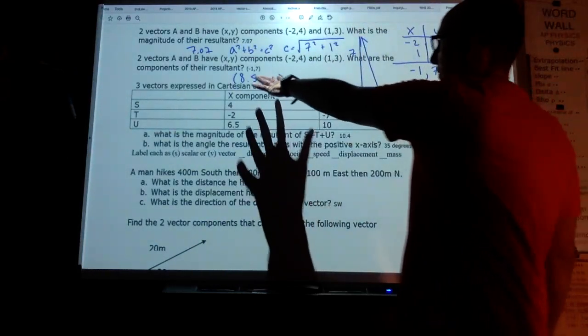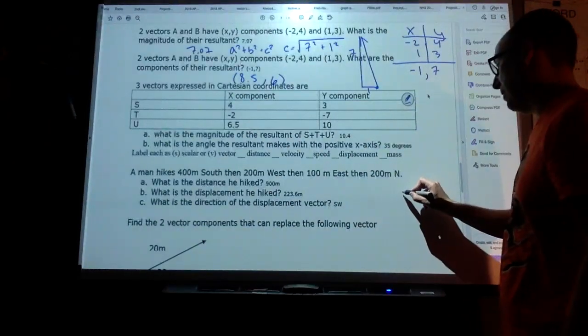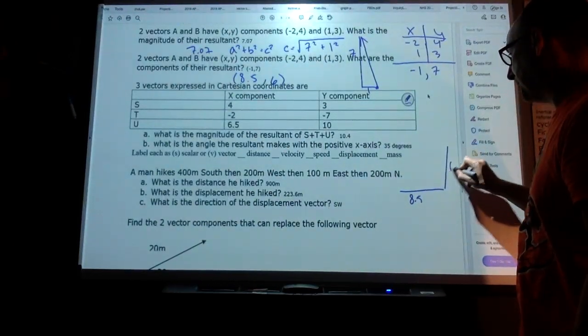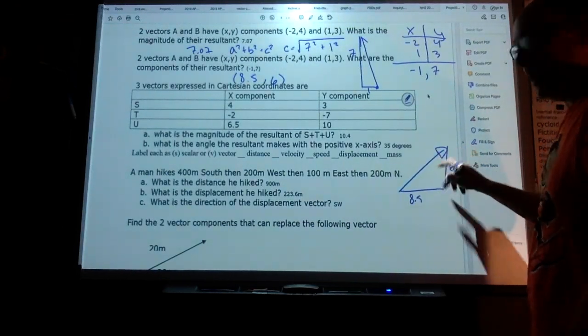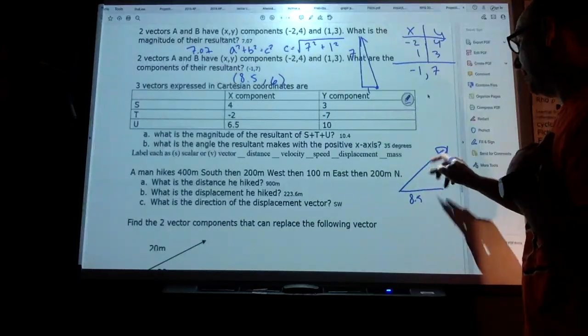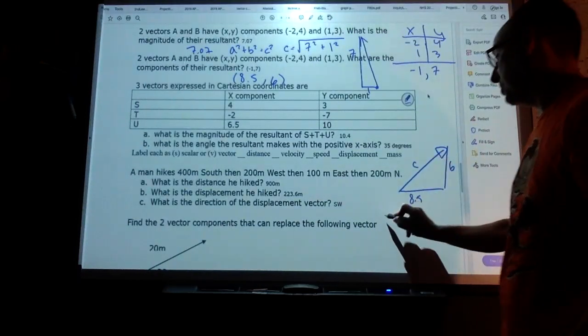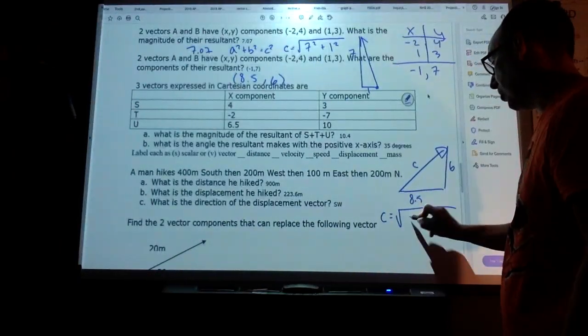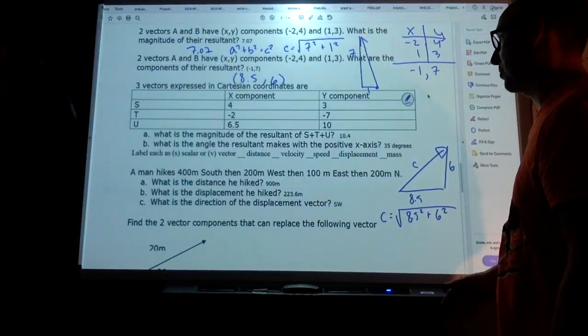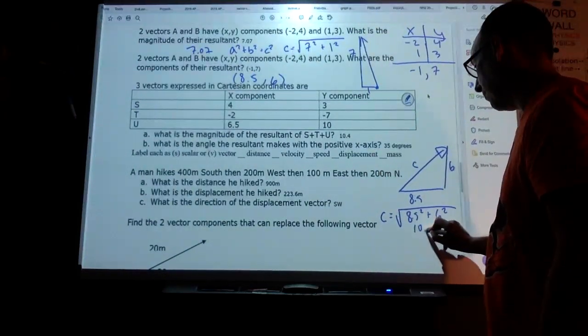So this one's going over 8.5 and up 6. So the arrow would look something like this. They want to know what the magnitude is. That's the side here. So C is going to be equal to the square root of 8.5 squared plus 6 squared, which they're telling us is 10.4.